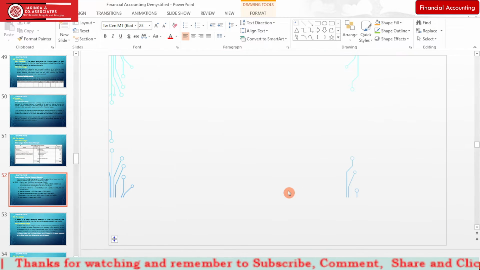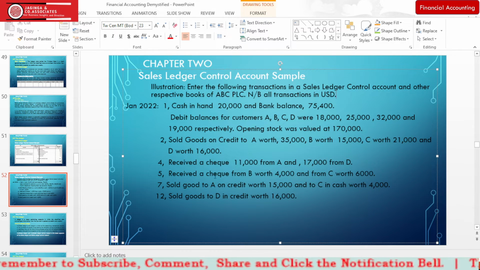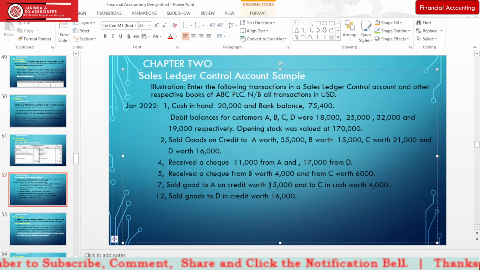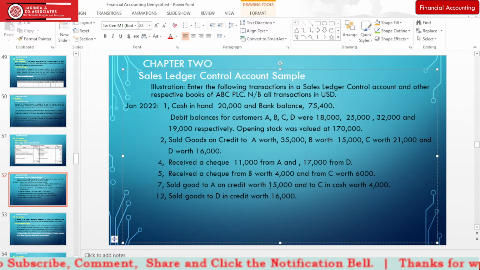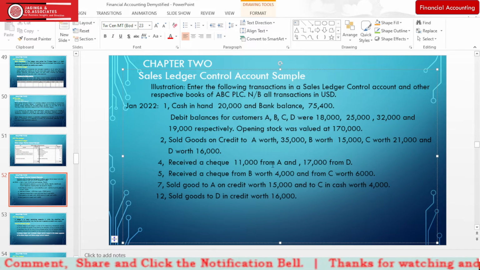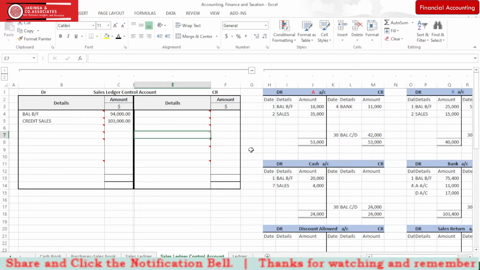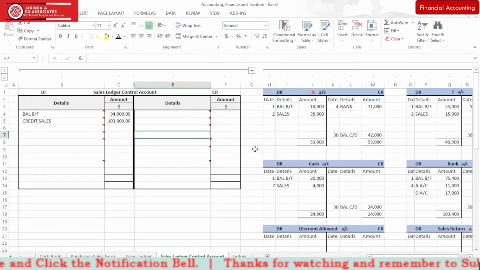So it's sold 16,000, and then on the second also 16,000. So it's sold to A 15,000. So it's sold to A 50,000.